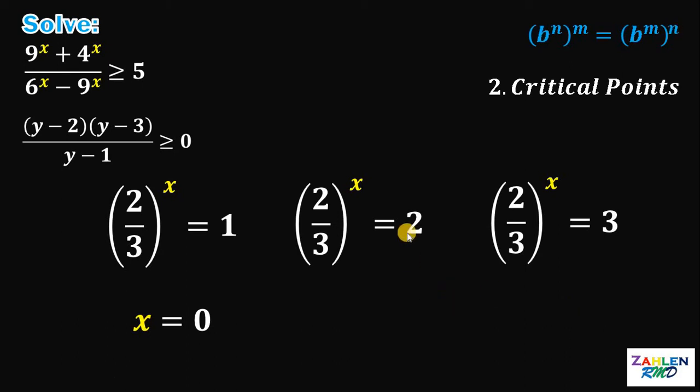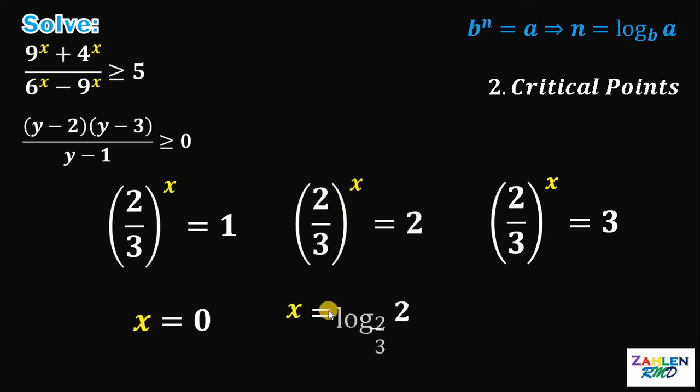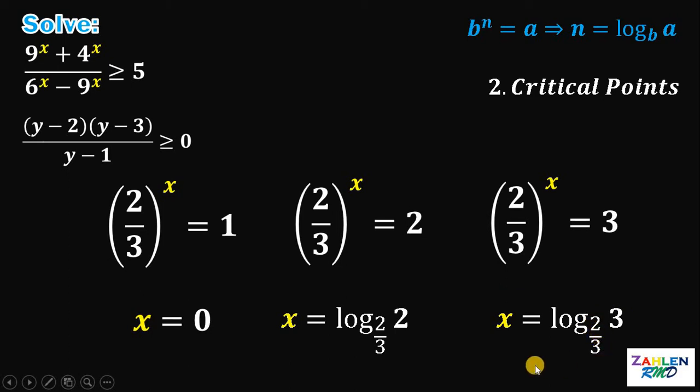Take note that if we have an exponential equation b raised to n equals a, it can be written as a logarithmic equation: n equals logarithm of a to the base of b. Therefore, the second equation can be written as x equals logarithm of 2 to the base of 2 over 3. And the other one is x equals logarithm of 3 to the base of 2 over 3.